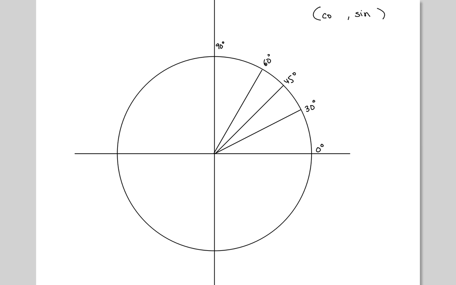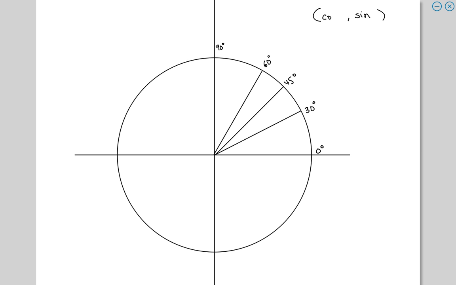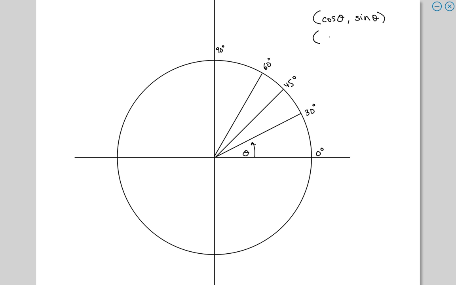Use theta. So cos theta and sine theta, where theta is your reference angle. So the x-coordinate is going to be the cosine of the angle, and the y-coordinate is going to be the sine of the angle.